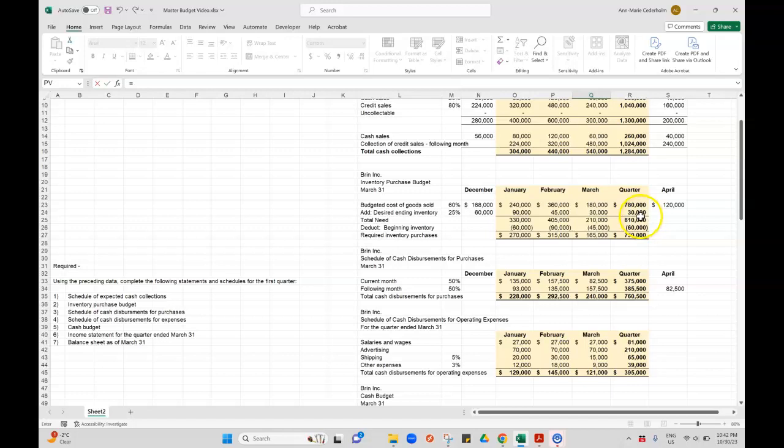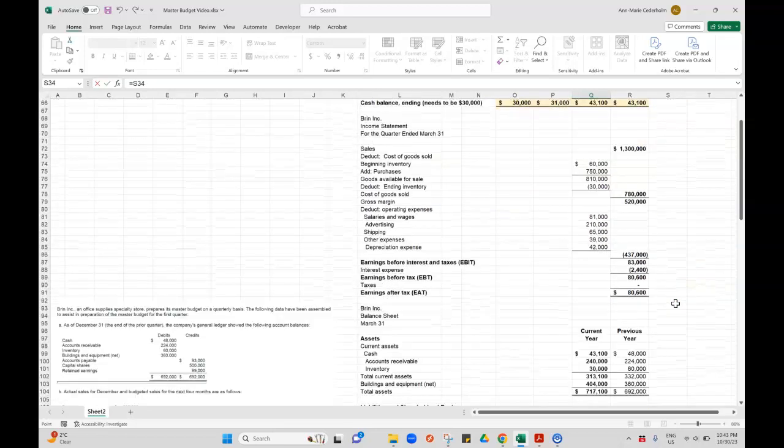Okay, I might have to finish this one off because I need to know what's owing on these purchases. Oh, I did do it. I was just looking at the wrong schedule. So this is my cash disbursements of purchases from the stuff we did above. So that's the amount owing. So that's why I had April there. So I'm going to grab the 82,500.